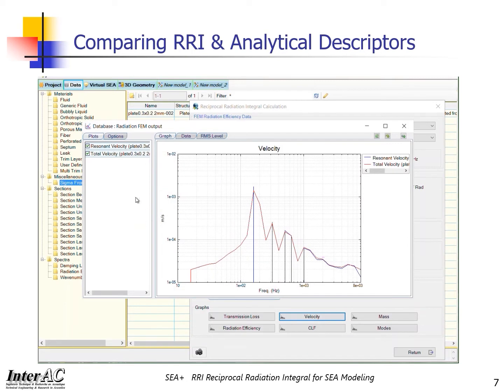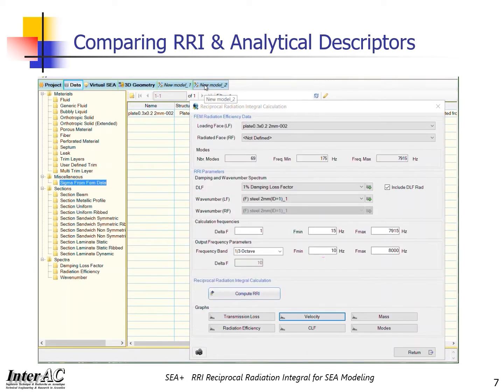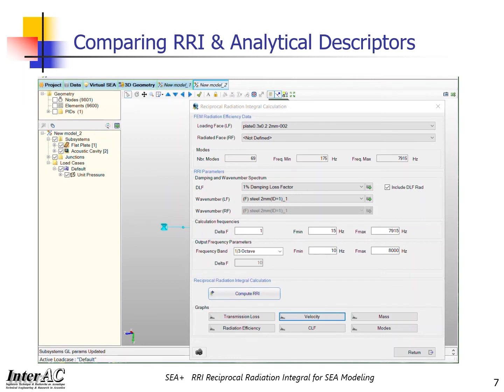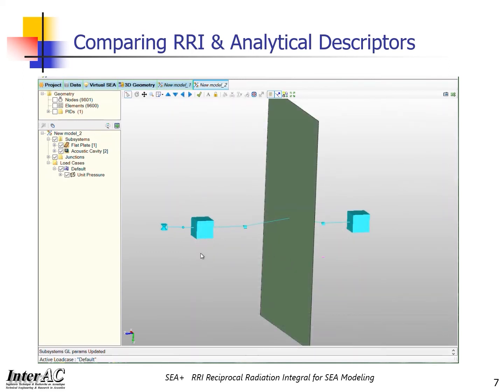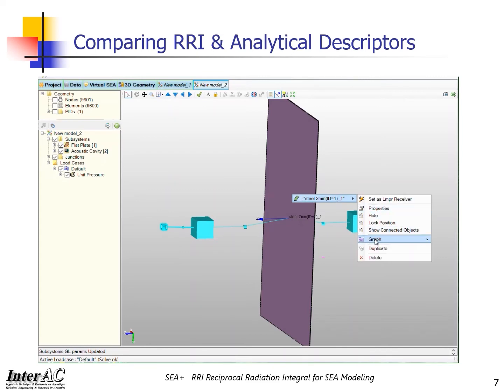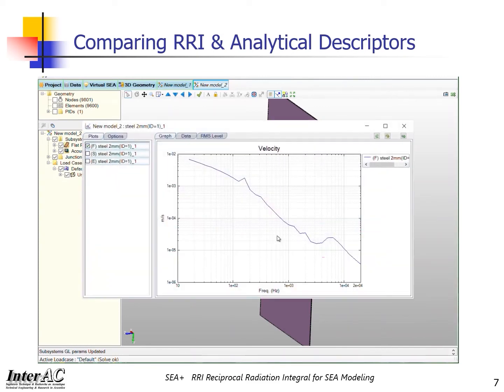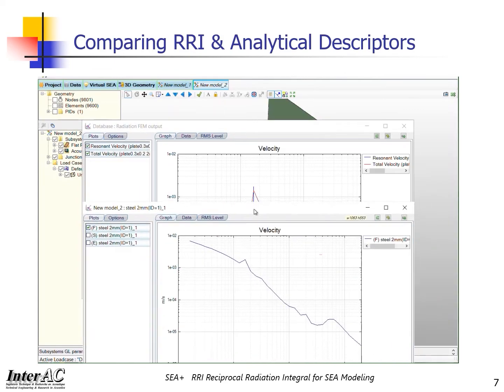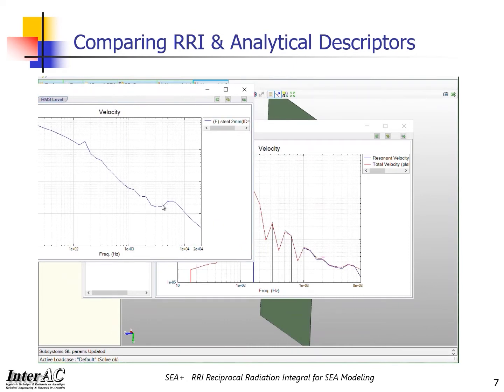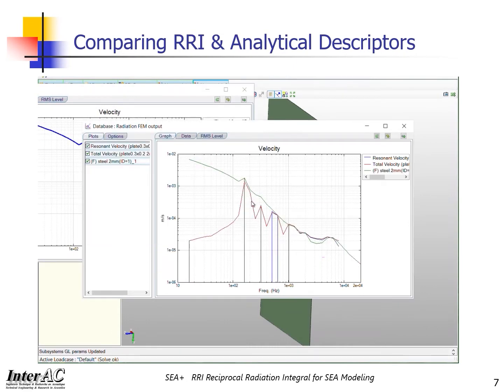In case of velocity, we can compare the RRI velocity to the analytical model. We have to solve the analytical model, plot the velocity, and then Control G, compared to the RRI velocity, and we see the match is much better because the difference in velocity with analytical is only proportional to sigma, while for transmission it is proportional to sigma square.